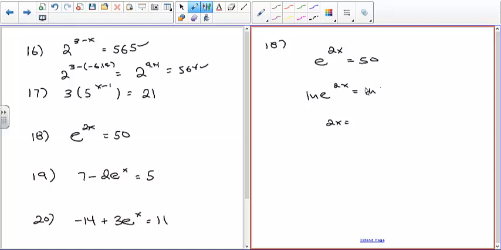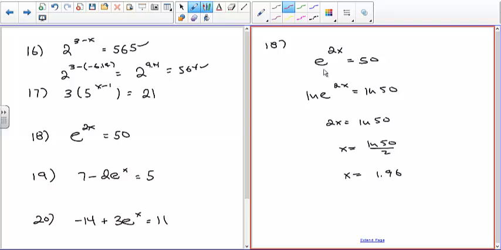So the left-hand side just becomes 2x. The right-hand side is the natural log of 50, so x equals the natural log of 50 divided by 2. The natural log of 50 divided by 2 is 1.96.